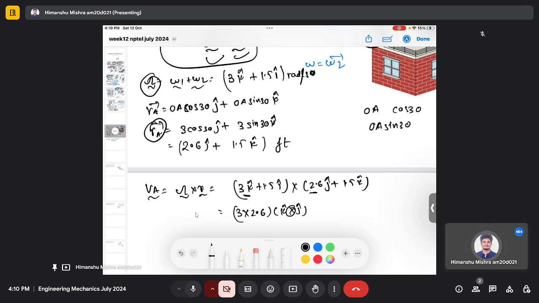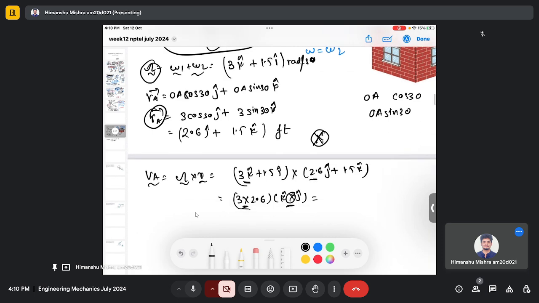Here, to avoid confusion between the multiply sign and the cross product sign, I am writing the cross product with this notation. This gives me a magnitude of 7.8, and k cross j will be minus i.